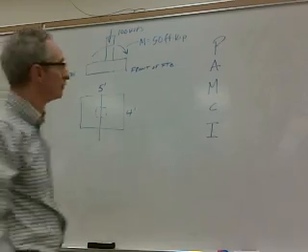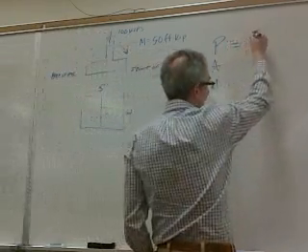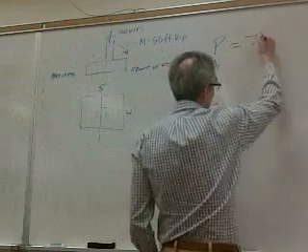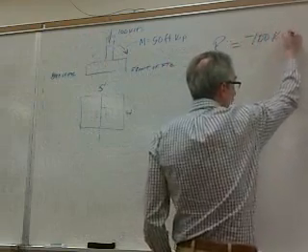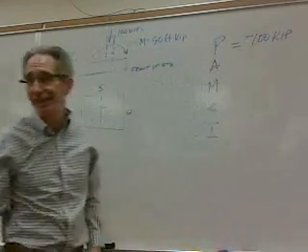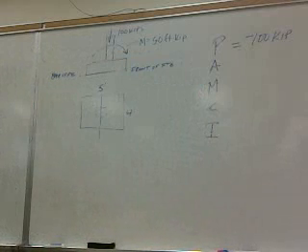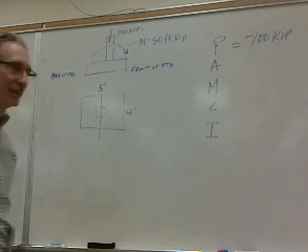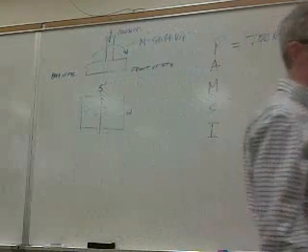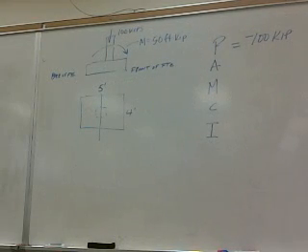It's 100, and that's actually a compression, so I'm going to say minus 100 kips. Again, that's purely arbitrary, just sign convention, but we did say there's a difference between tension and compression. And when we have compression, I'm going to call it a negative.